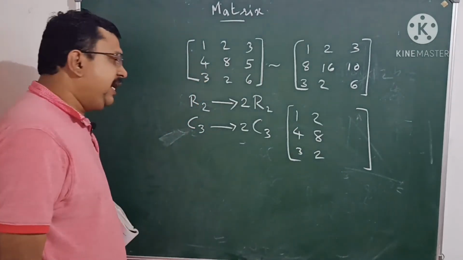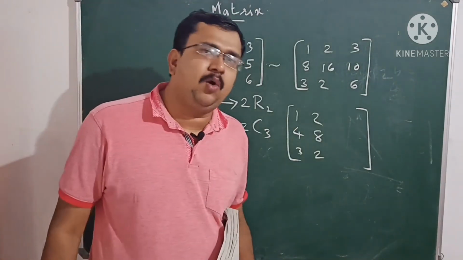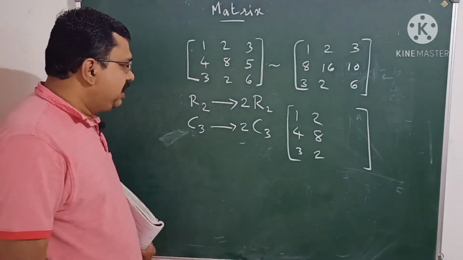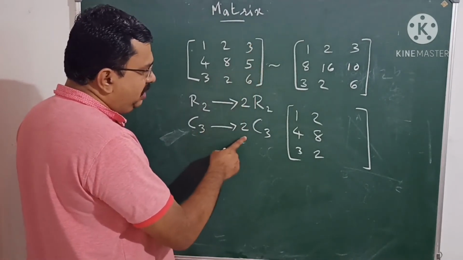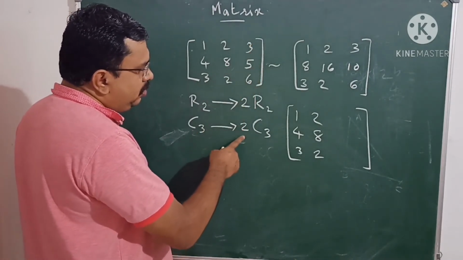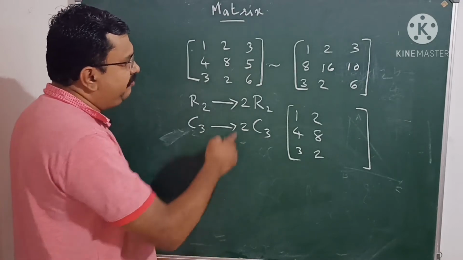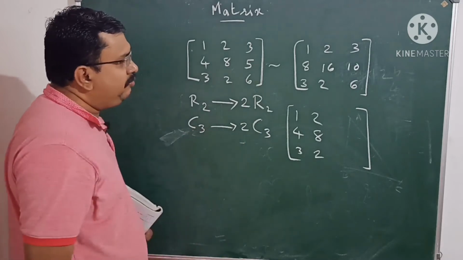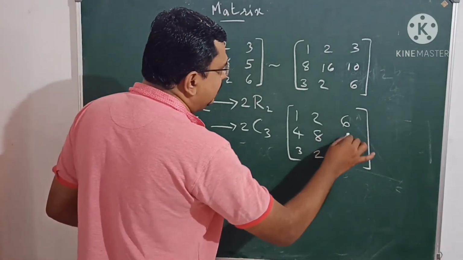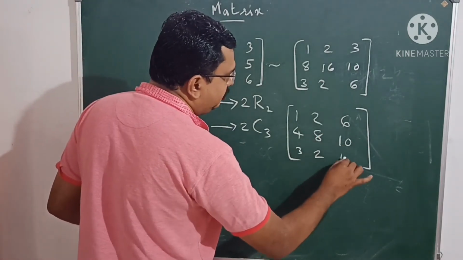We can multiply any row or any column by a non-zero scalar. Look at that, in the third column there is a change. The third column is converted into 2 into C3. Therefore the third column 3, 5, 6 into 2 will become 6, 10, 12.